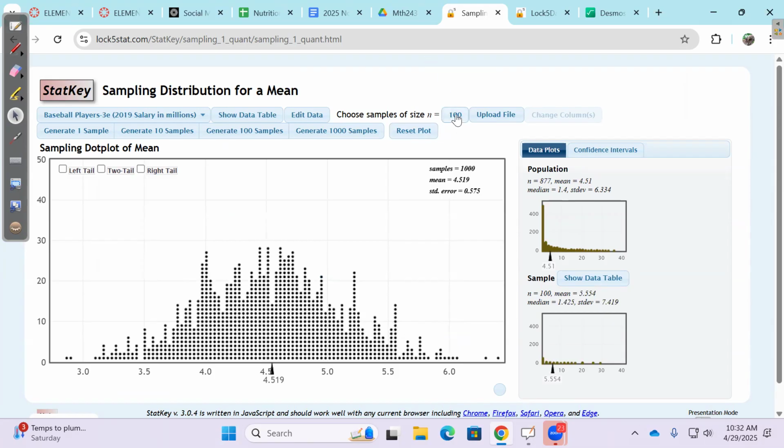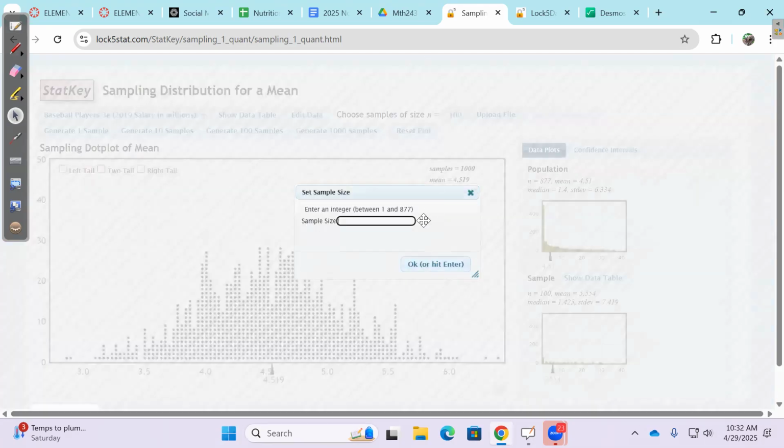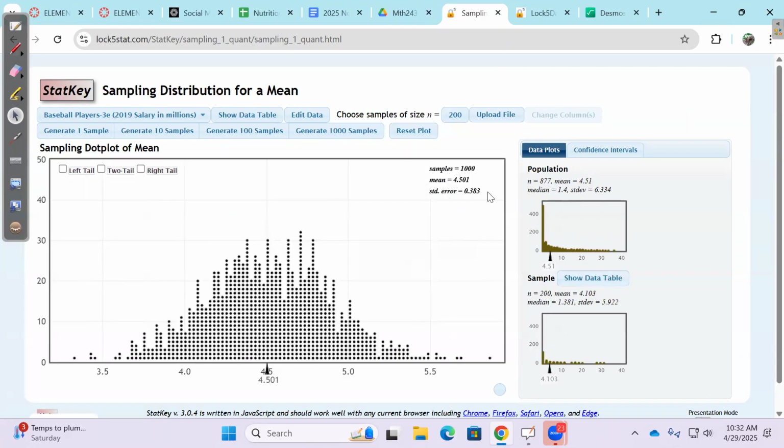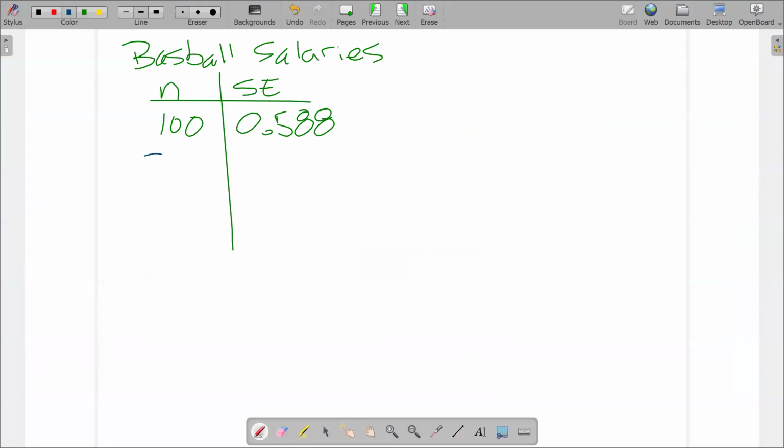I'm going to change the sample size. What if I make the sample size 200? Bigger sample size. And I generate another 1,000 samples. Notice the standard error this time is 0.383. So let n equal 200, and I got a standard error of 0.383. I'm going to do a couple more to see if they're in the ballpark.